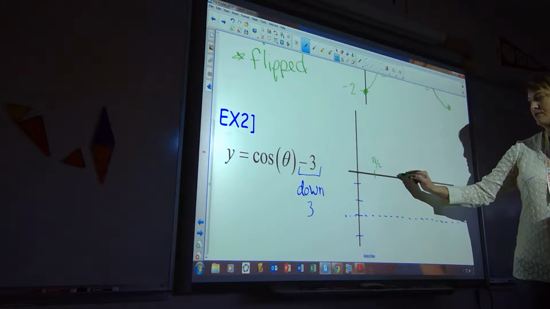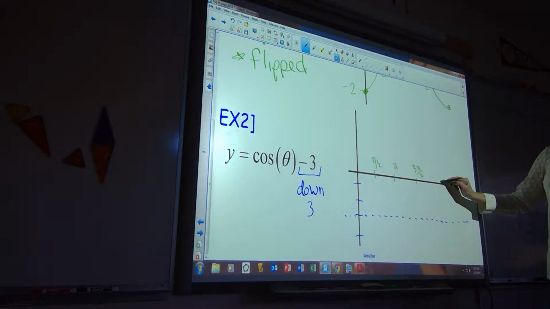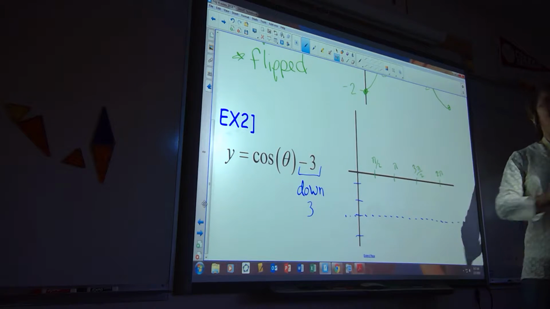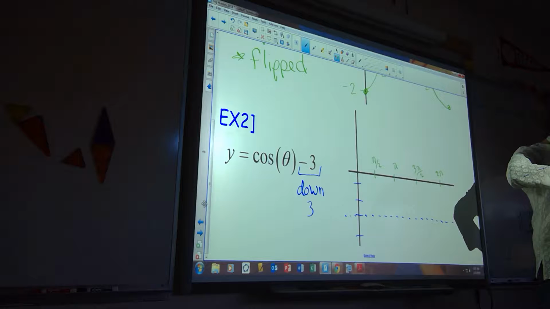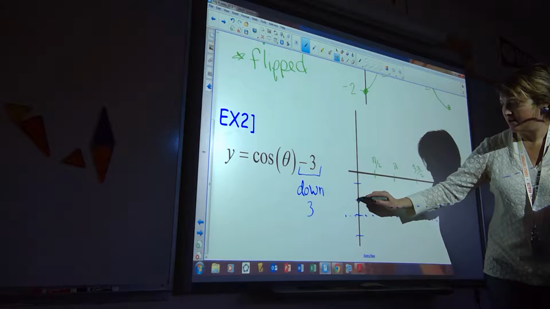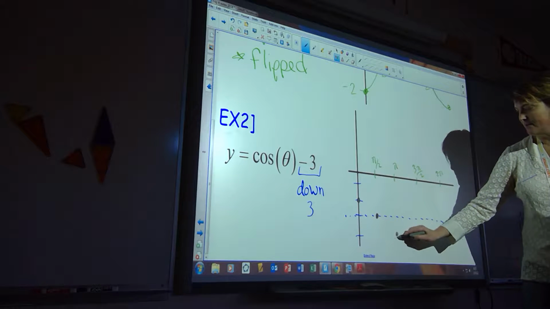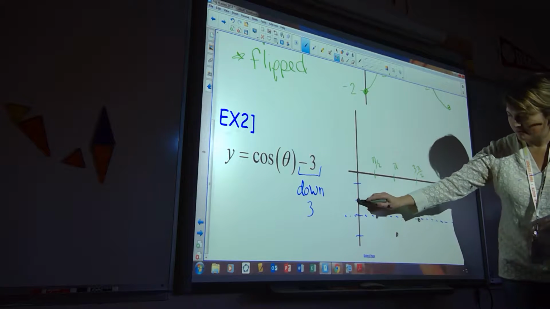So pi over 2, pi, 3 pi over 2, and 2 pi. And then the amplitude is still a 1. So I'm just going to go up 1 and down 1, from my midline. So I will start here, back to the axis here, down to the minimum, back to the axis, and up to the maximum again.